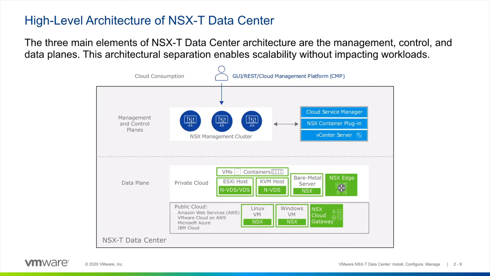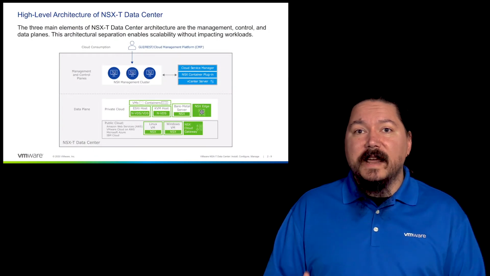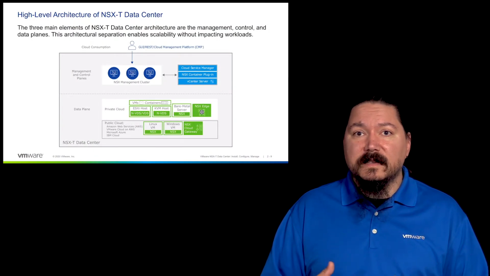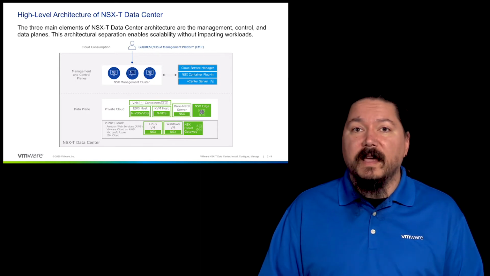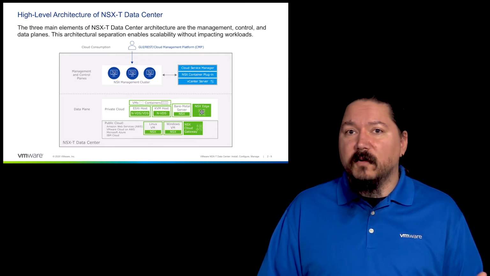The data plane is the part of the puzzle that actually does all of the packet processing and forwarding. This is where my logical switches are realized, or my logical routers are realized, or where my firewall rules actually are brought to bear. Right? This is where everything happens. The data plane is distributed. It's completely distributed across all of what we call transport nodes.